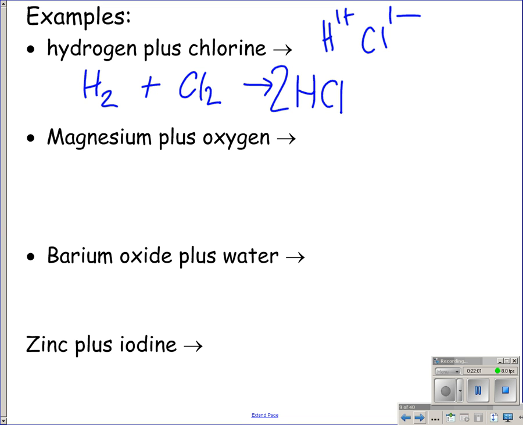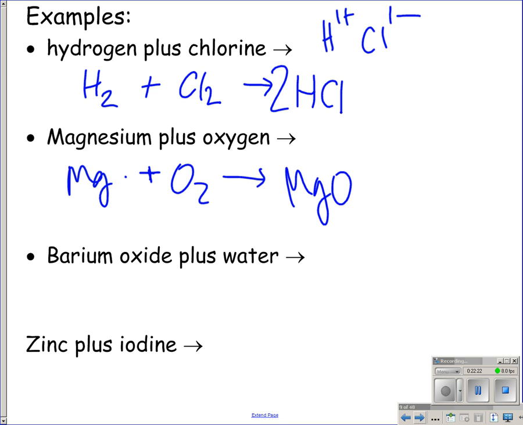All right, the next one, magnesium plus oxygen. Mg plus O2 yields MgO. Why MgO? Where are the subscripts at? What was it before when you were crisscrossing in your head?